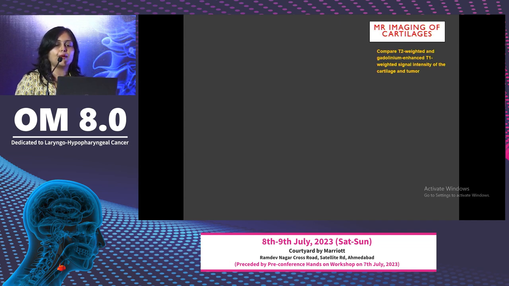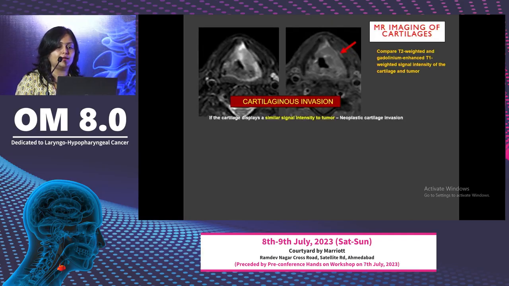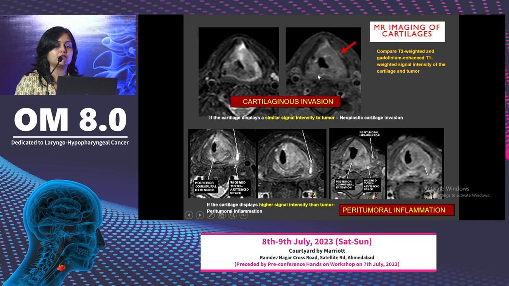So we have to compare the T2 weighted images with post-contrast T1 weighted fat saturated images. Here is an example of bulky disease involving the supraglottis, and here we can see a signal along the left lamina, and if the contrast enhancement is the same as the tumor on post-contrast fat saturated images, that means it is positive for cartilaginous invasion.